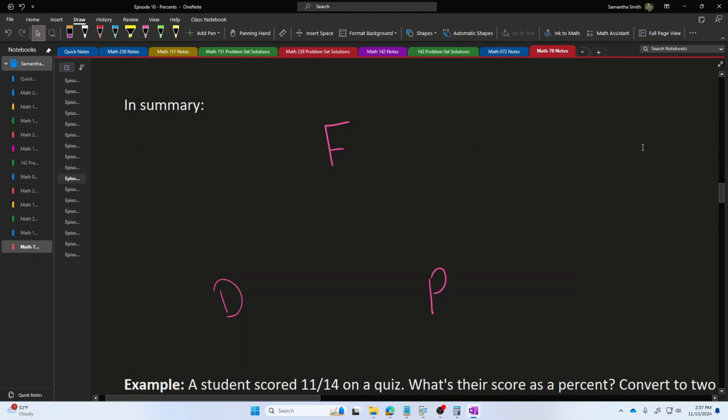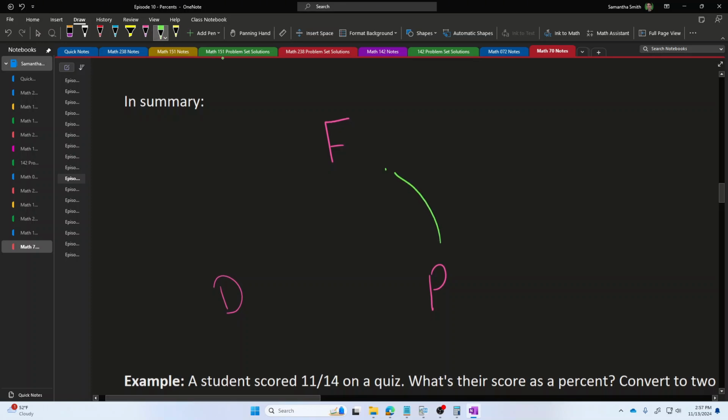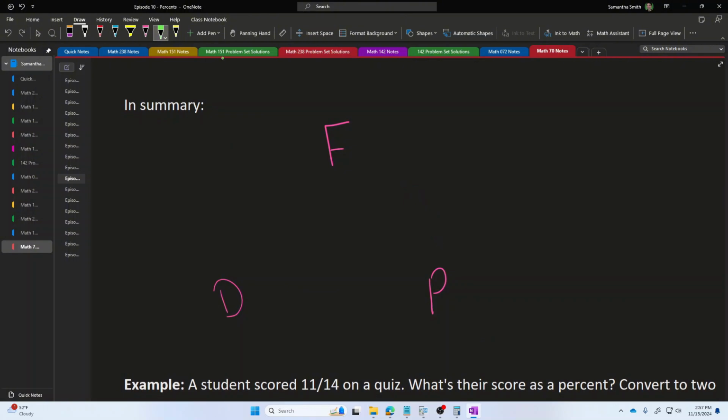So just to summarize what we've talked about so far, if we have a percent and we want to convert it to a fraction, all we have to do is remember what the word percent means. Percent means out of 100, so we would just put the number over 100. If I want to convert a fraction to a decimal, all I have to do is divide.